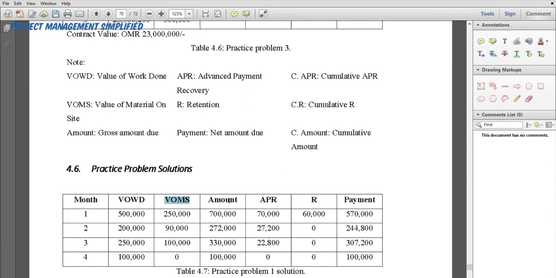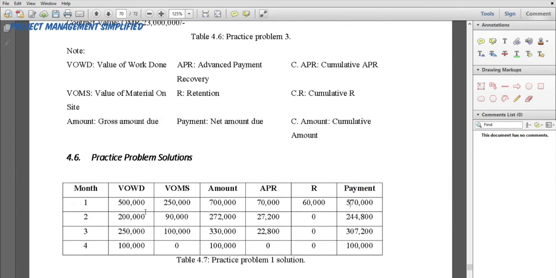Amount is the amount due to be paid to the contractor after this calculation, and we will see how to calculate it. Then the APR, which is the advance payment recovery, and the retention, and then the payment due. So let's go and check on this one.